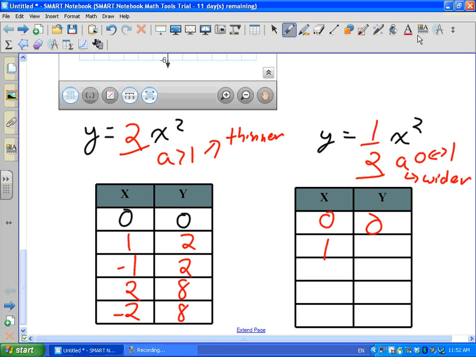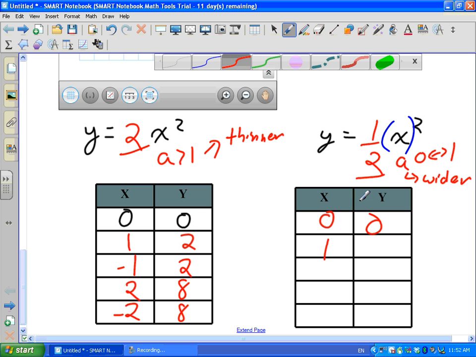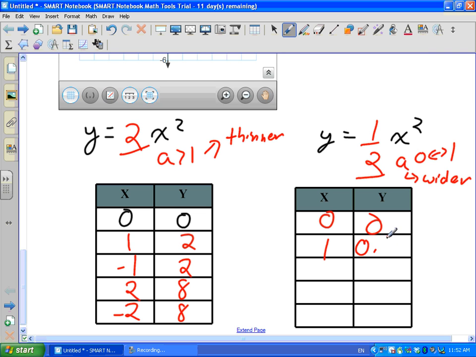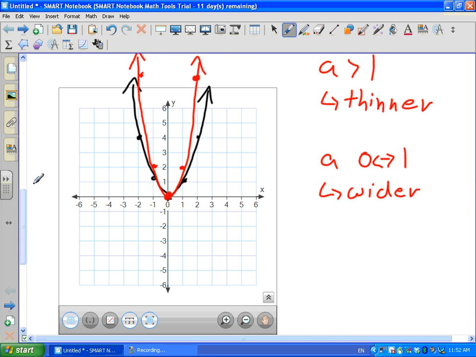We plug 1 in for x. What is 1 squared? Times a half. Anyone know? What is it? 0.5. Or otherwise known as a half. So what that means, now this is a little harder to do, when we go over 1, instead of going up 1, we're only going up 0.5 or a half.